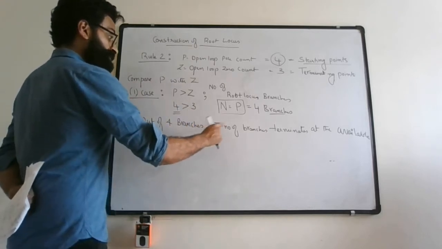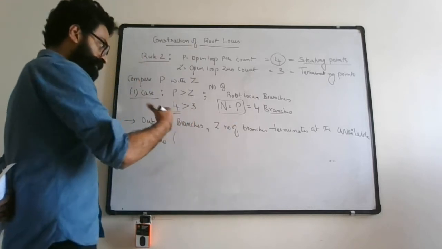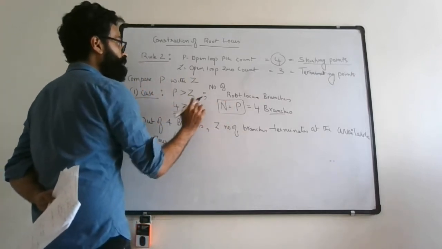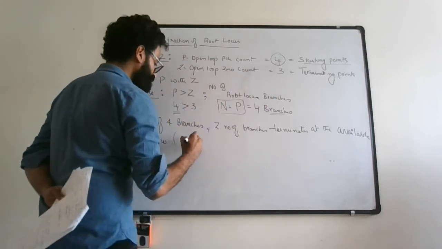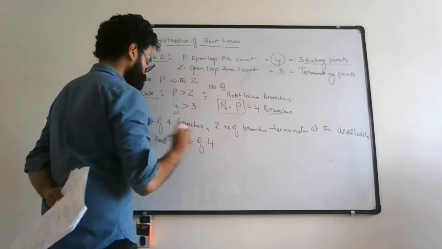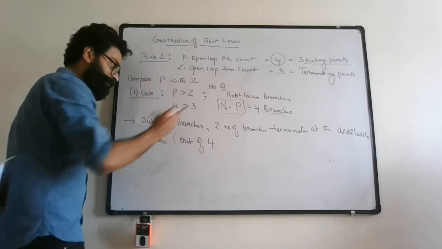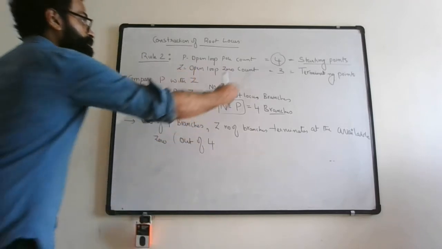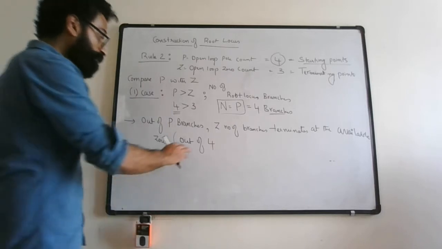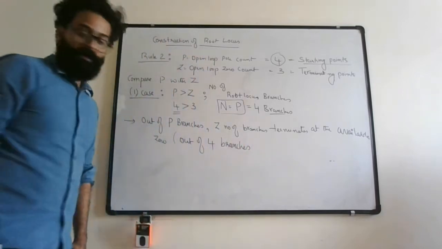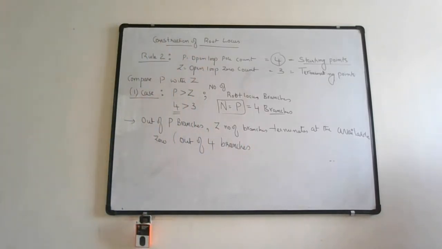So the understanding of this statement is that Z number of branches terminate at the zeros. What is the Z count? It is 3, so 3 branches. In the general case, out of P branches, Z branches terminate at the zeros. So out of 4 branches, 3 branches are going to terminate at the available zeros.